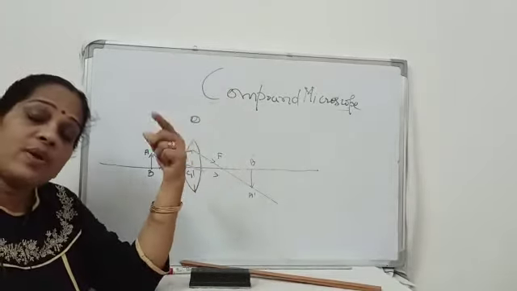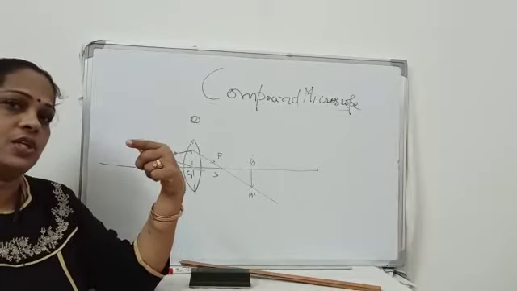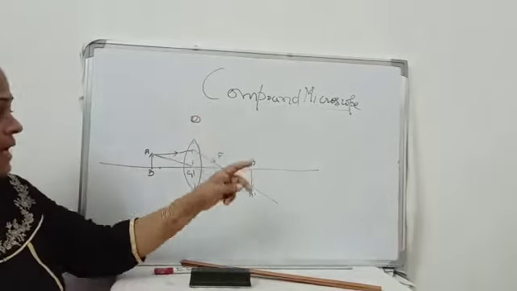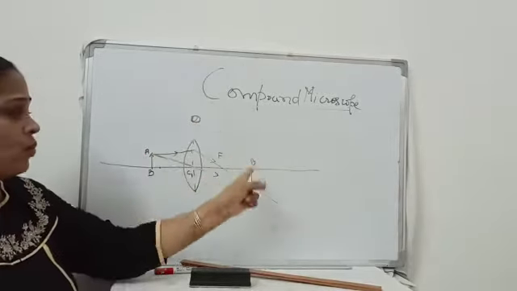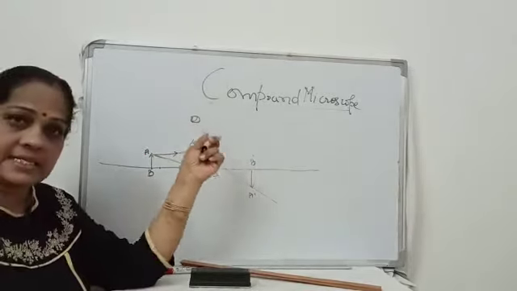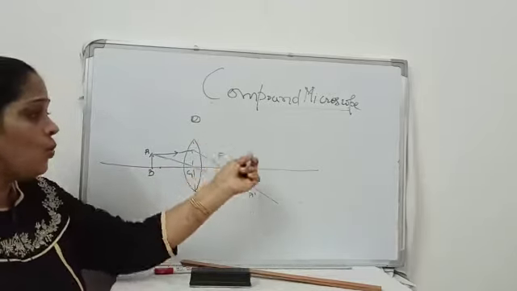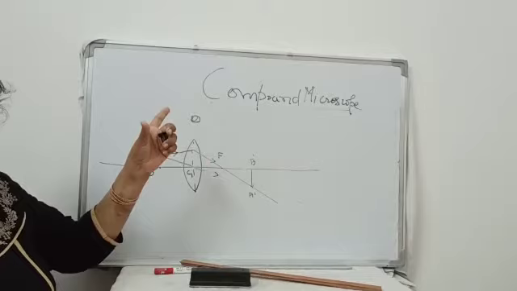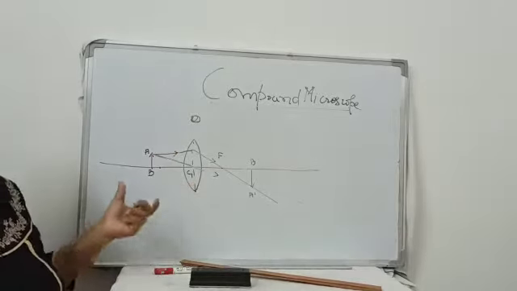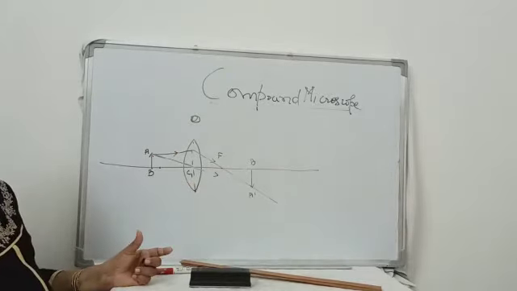And we know that we must get a virtual image. To get a virtual image, this object, which is the image of the first lens, has to be placed within the focus of the eye lens so that you get a virtual image at least distance of distinct vision.